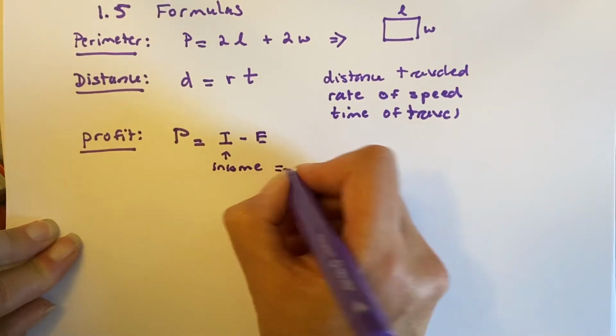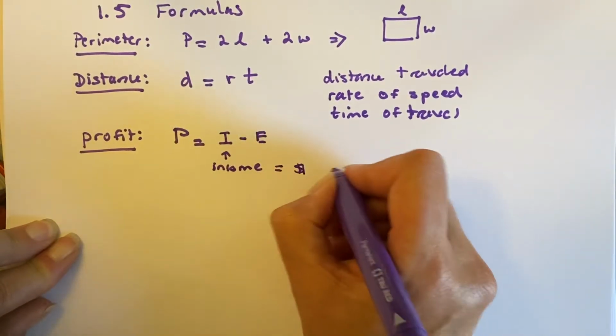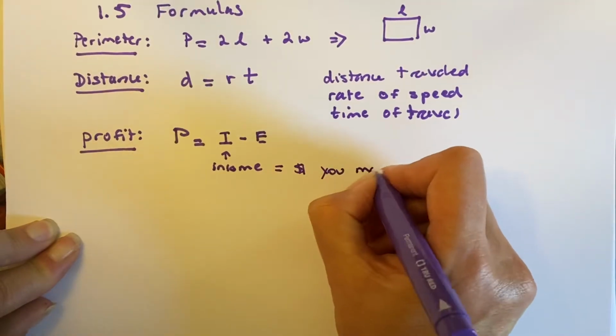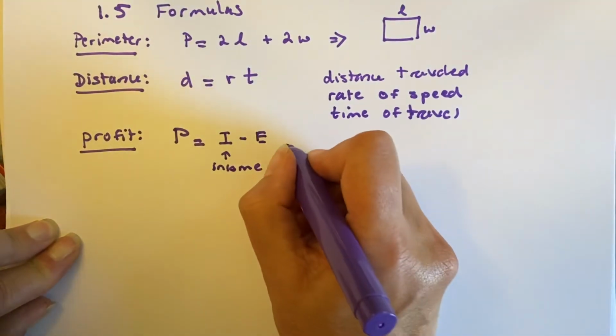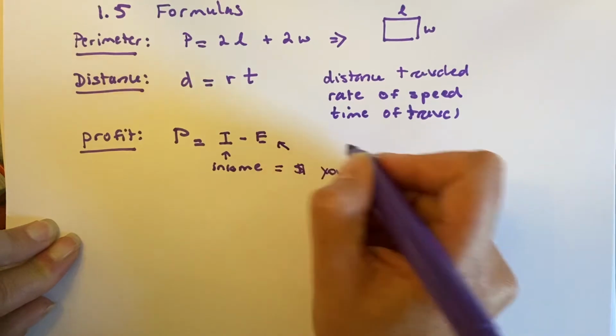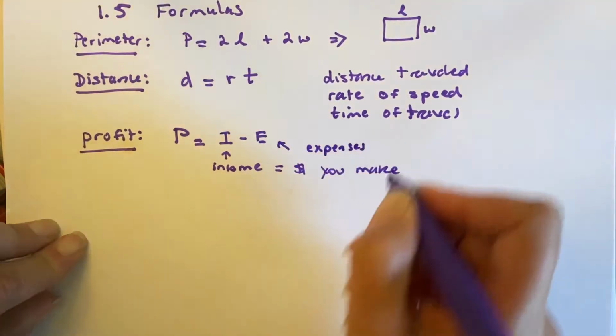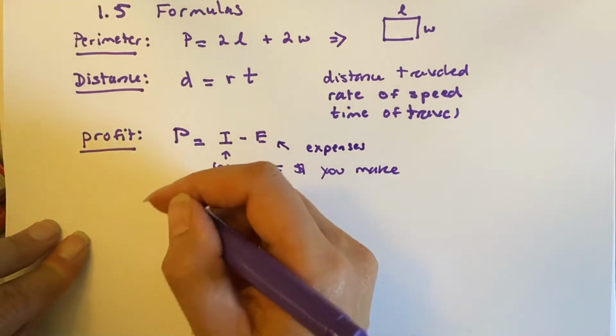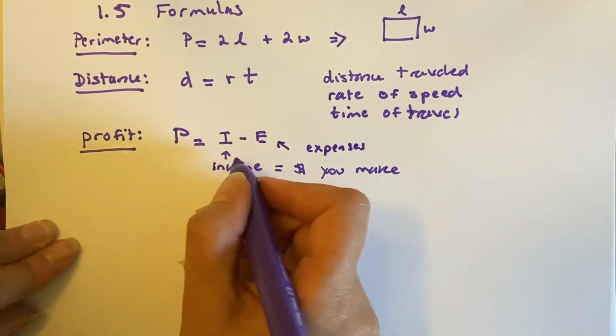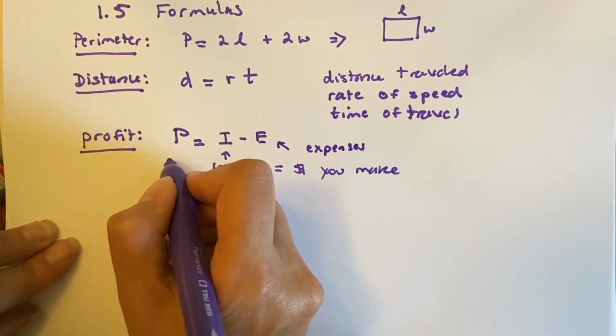It's money you make. And expenses are what you had to spend in order to make that money. So that's your profit. That's how much you take home, how much you keep.